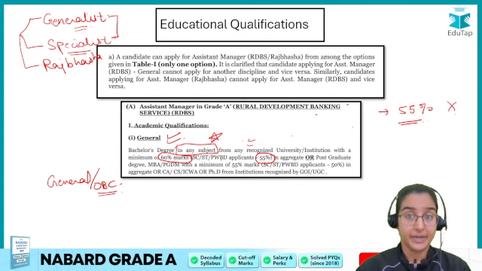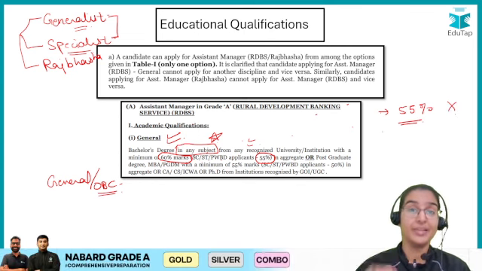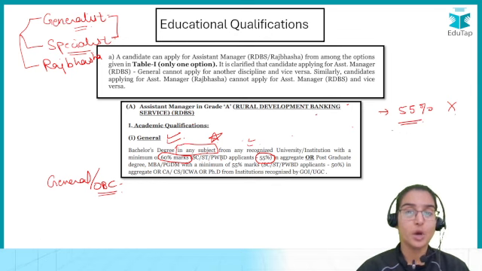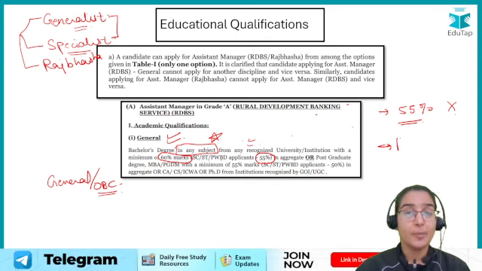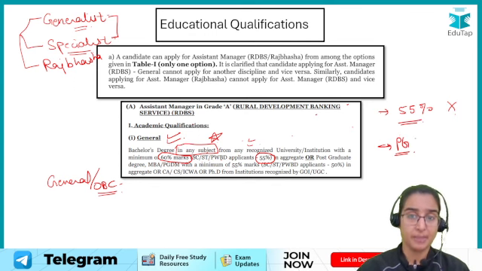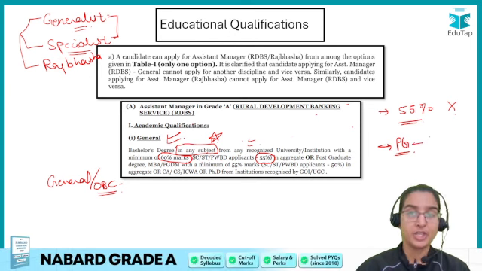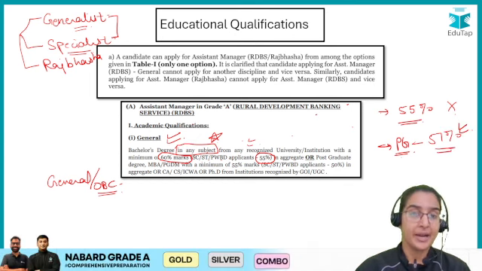But, again, I am repeating this for the fourth time, if you are somebody who after graduation has done post graduation, and in the post graduation you have scored a minimum of 55% marks, then you are eligible. Suppose you have scored 55% marks in your graduation, you are not eligible. But if in your PG you have secured say 57%, then you become eligible to apply for the NABARD Grade A examination.